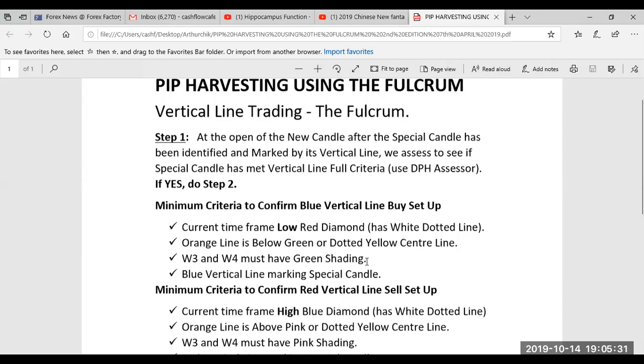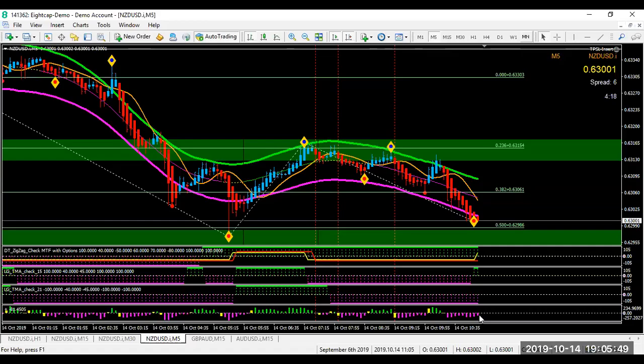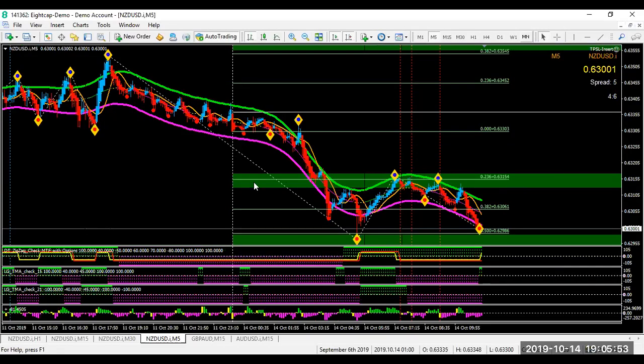Window 3 and 4 must be the same shading. You must have a vertical line, and sometimes you don't, and that's why we have a window 5 there just to help us out. So when there isn't a vertical line, but all the criteria is met, it will trigger an opportunity.